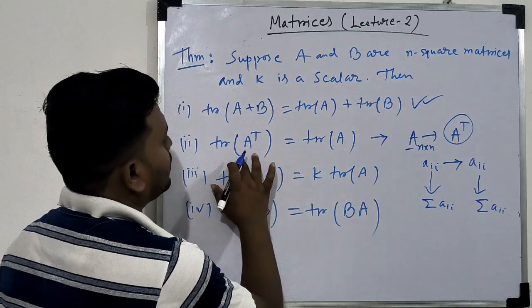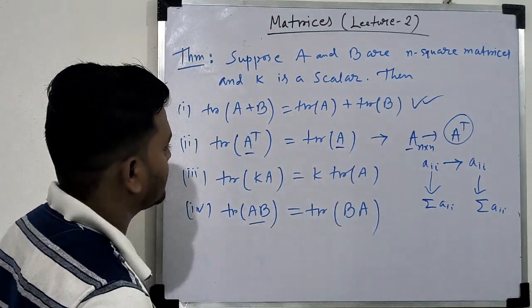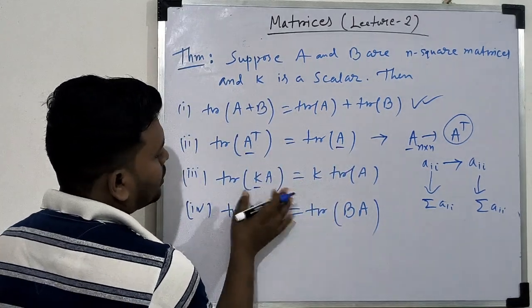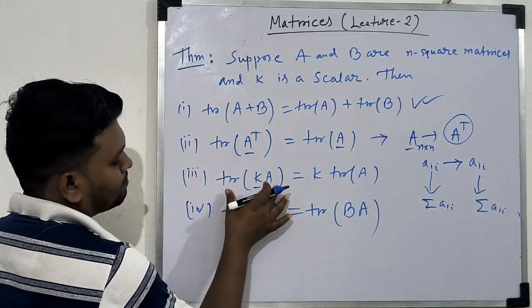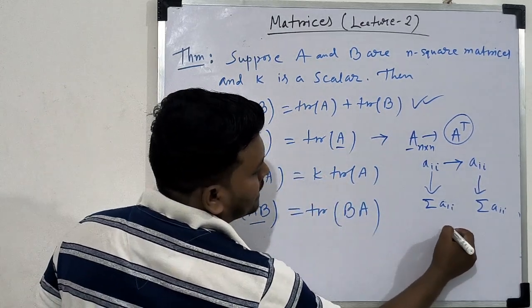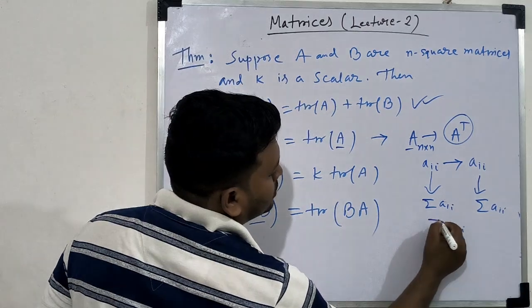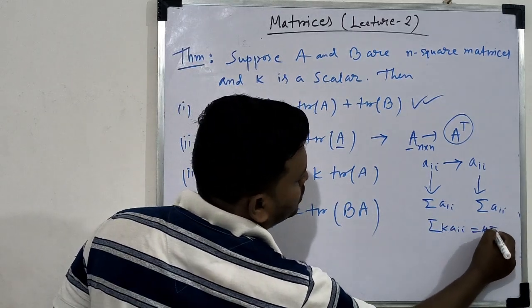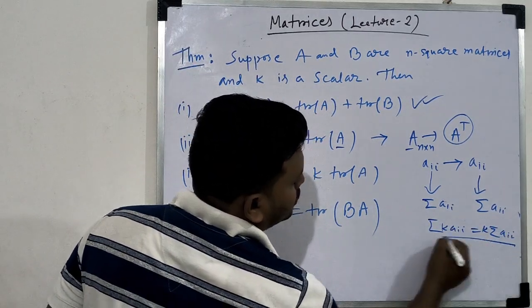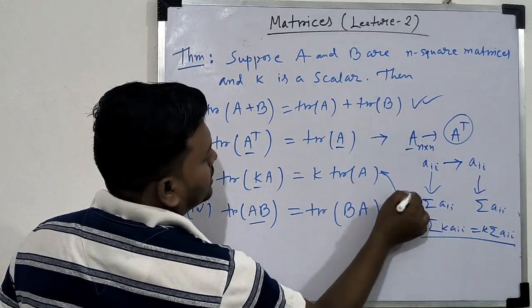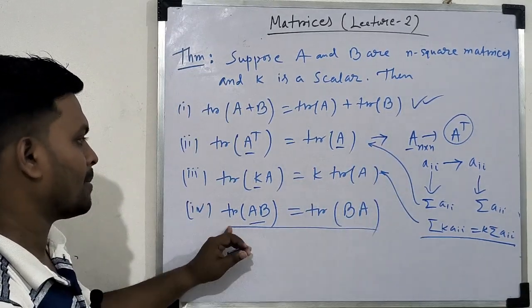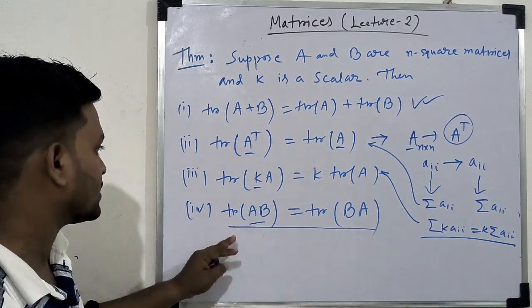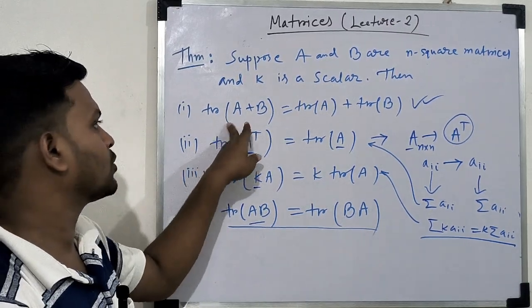So the trace will never change for A transpose and A. And for k, if we take k common first and then the trace, this will be equal, and also if we take the trace, this will be kaii. So this can be written as k into summation aii. So from this we can prove this. And this is a theorem. Just remember this. If needed, we will prove this. So we take one example to verify this.